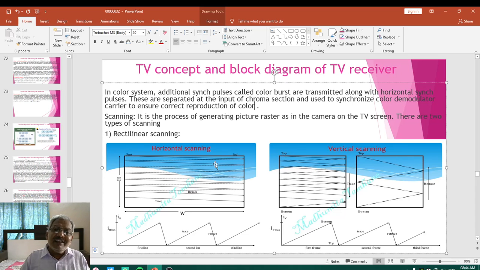It is used to generate the rectangular picture raster on the television screen so as to produce an exact replica of the scene or event on the screen of the television for viewing purposes.